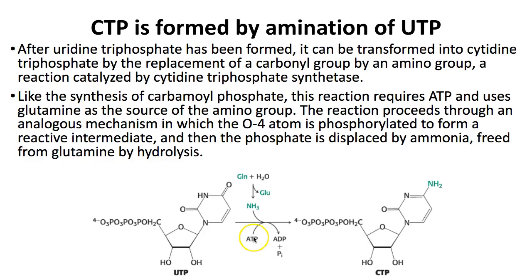And then you have some ATP cleavage that's happening, where a phosphate group is detached from the ATP, where you have ADP as your side product. So in order to convert this UTP over to CTP, you need ATP and you need ammonia. And in order to get this ammonia, you can use that glutamine as a resource from having hydrolysis happen.